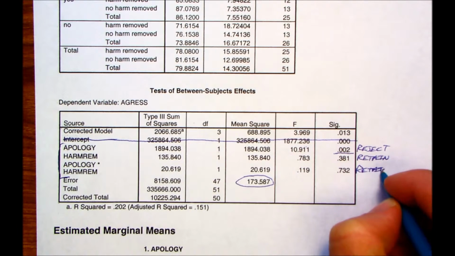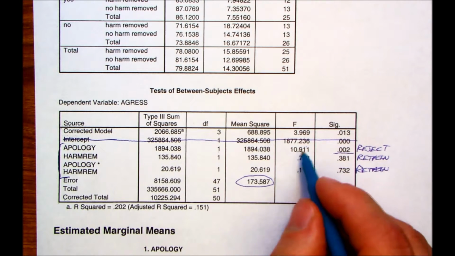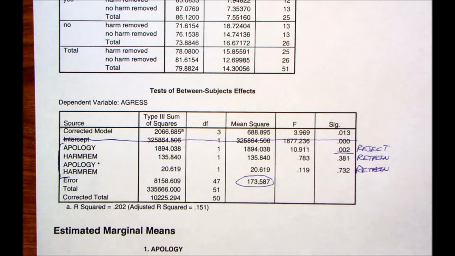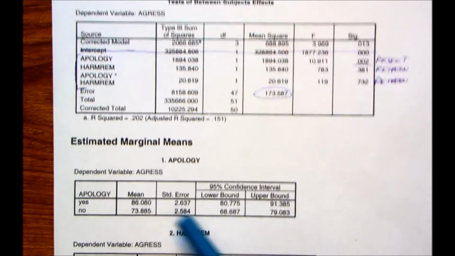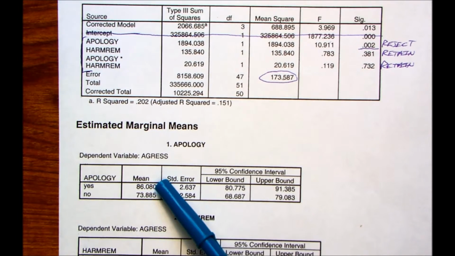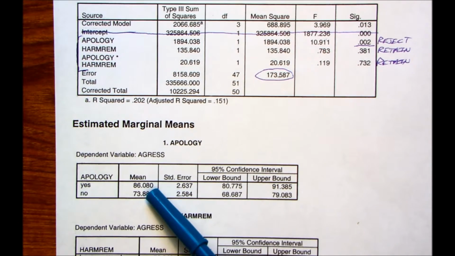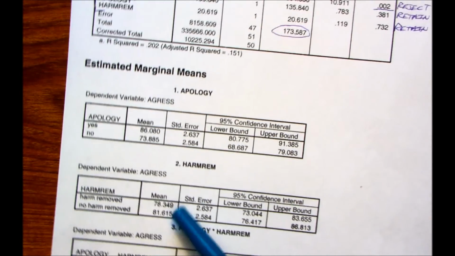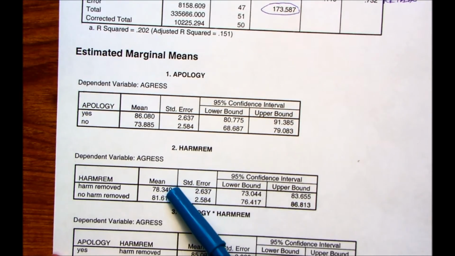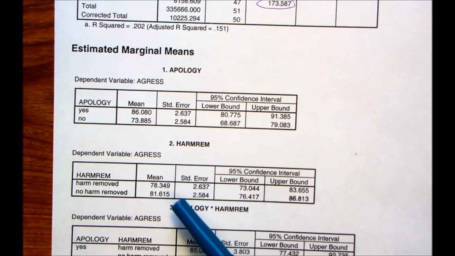And that makes sense because these F ratios were very small as well that we see here. Okay, so basically the results off of this, in looking at this apology condition, is that there is a significant difference here, that when an apology was made, they were significantly more likely to give higher ratings as compared to when no apology was given. The harm removal, this mean difference, which is small, that's not statistically significant.